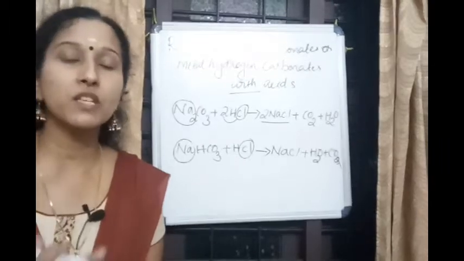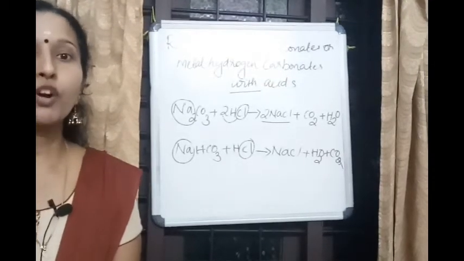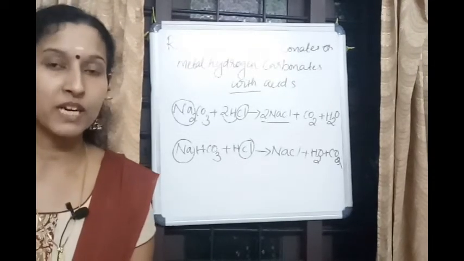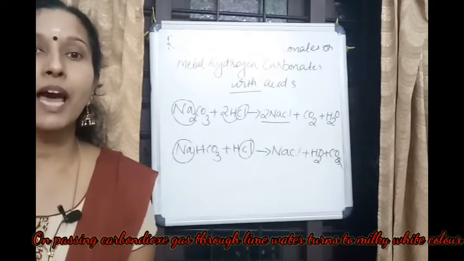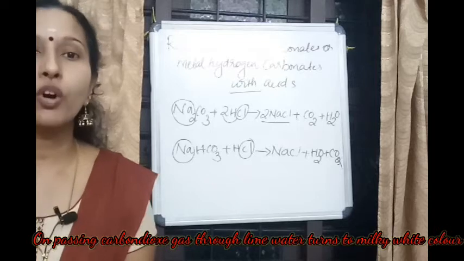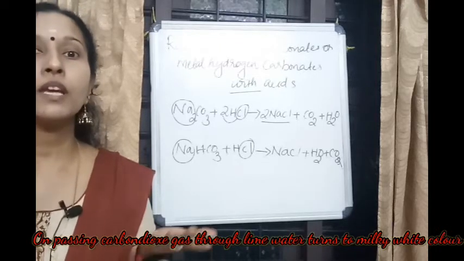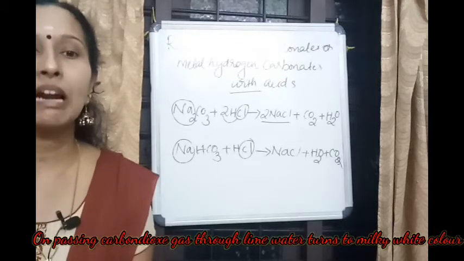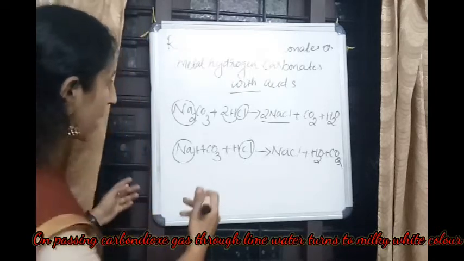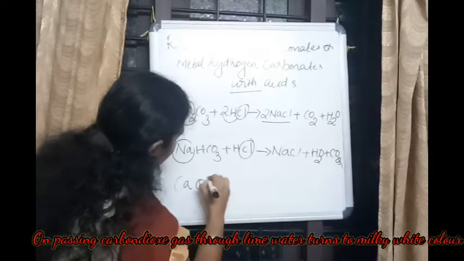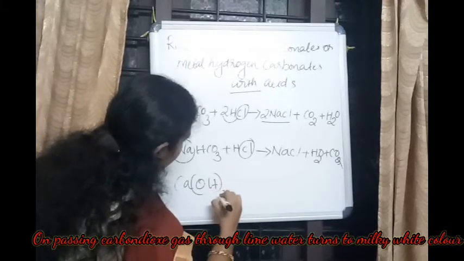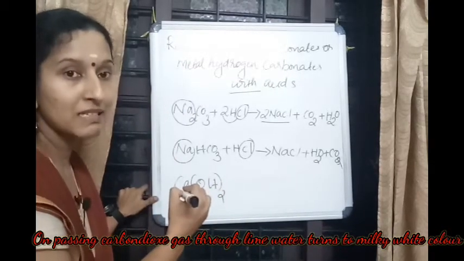And how do we test the presence of carbon dioxide? In order to test the presence of carbon dioxide, we have a standard test. On passing carbon dioxide gas through lime water, it turns milky. Lime water means calcium hydroxide, which is another name for slaked lime.